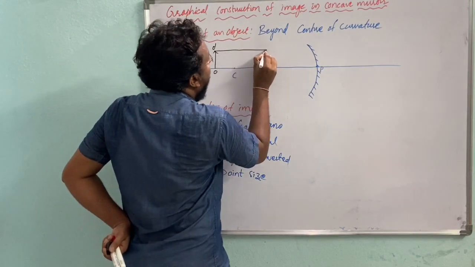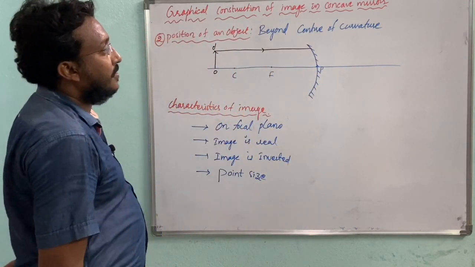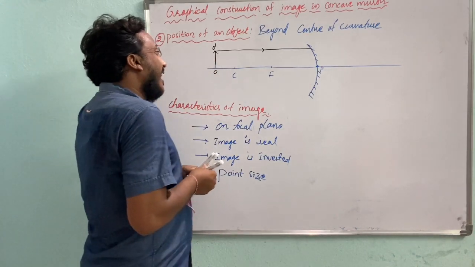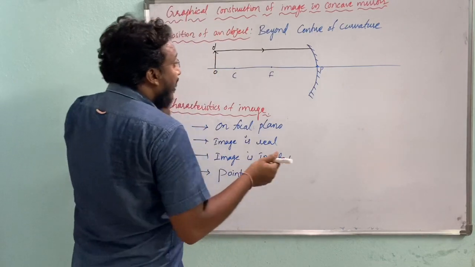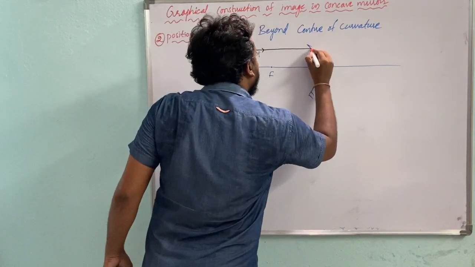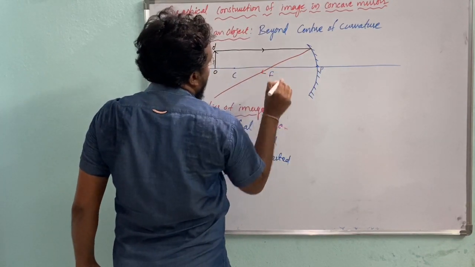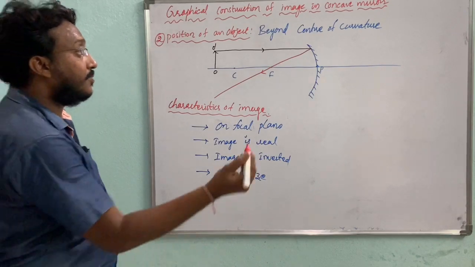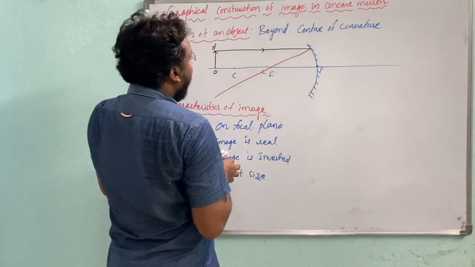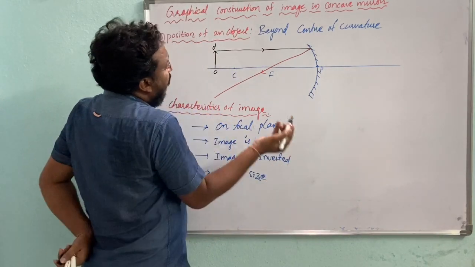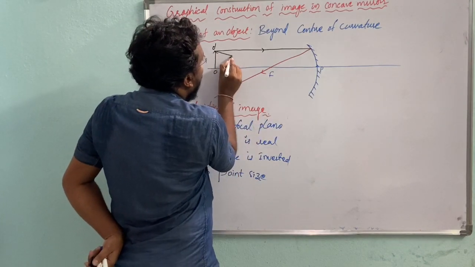If the incident ray is parallel to the principal axis, then the reflected ray passes through the focus. Then we have to show the arrow marks. Next, I am following the second rule. The second rule says that the incident ray passes through the focus.